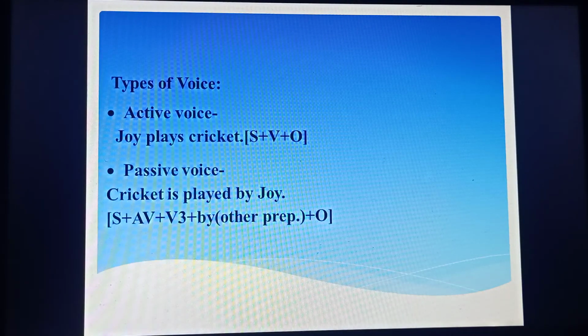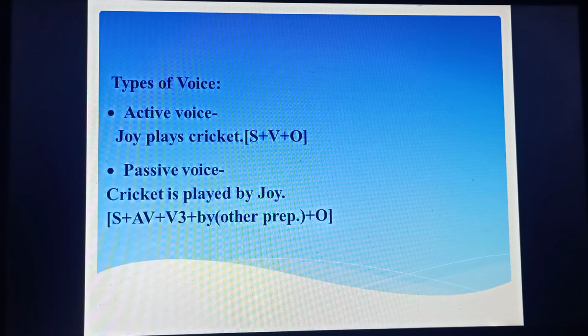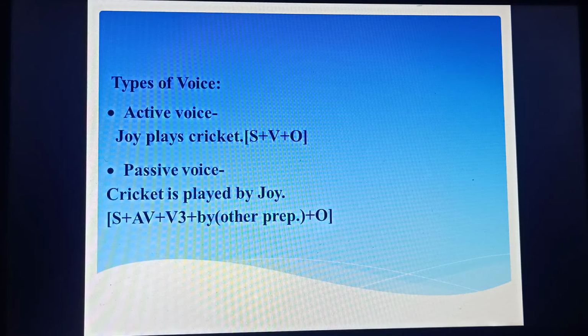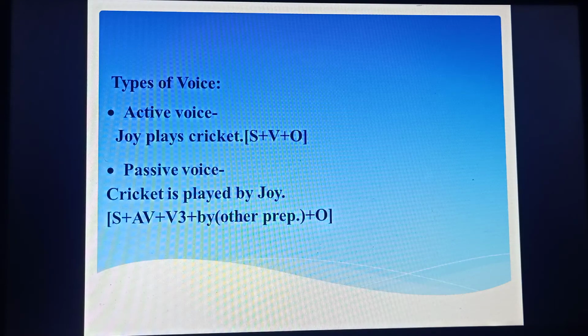Now let us come to the point. Voice is of two types: one is active voice and the other is passive voice. So what is active voice? In the sentence where the subject is very active and emphasis is given on the subject, this is active voice.